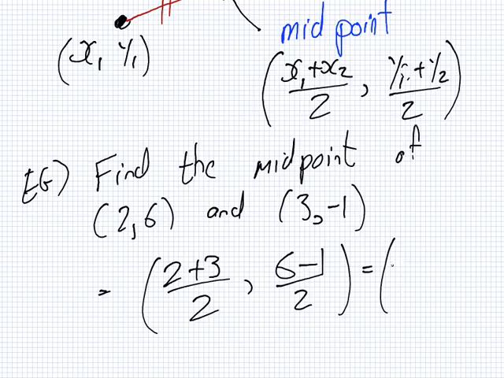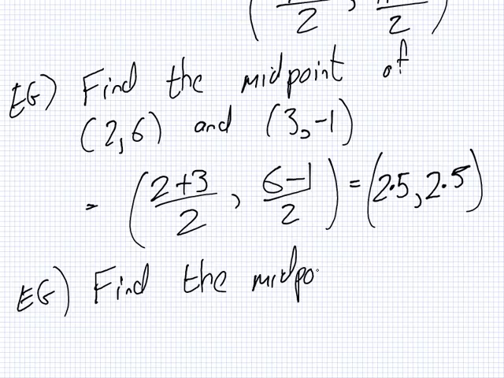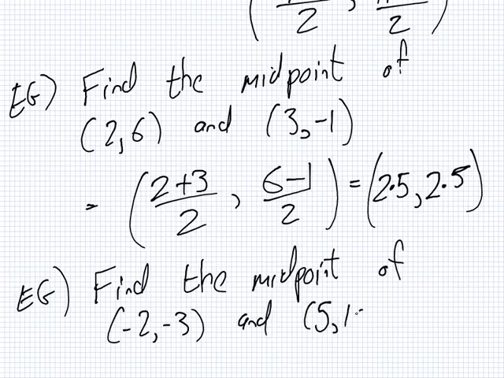It would be 2.5 and 2.5, for example. Yeah? Is that okay? So you try this one. Find the midpoint of (-2, -3) and (5, 10).